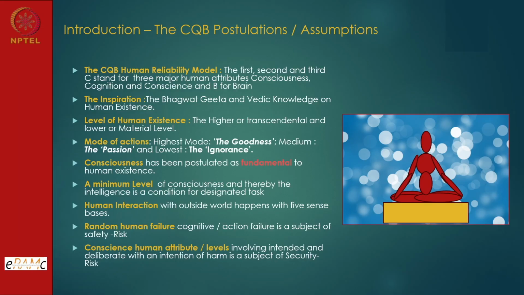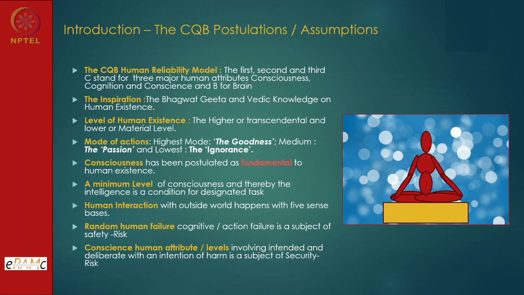So let us see what we are talking about. In the CQB approach, there was an attempt to get knowledge on human and its behavior from all the sources. Somewhere this knowledge was used as postulation, somewhere, looking into present technology and ancient technology, we made assumptions because there is uncertainty associated with that.